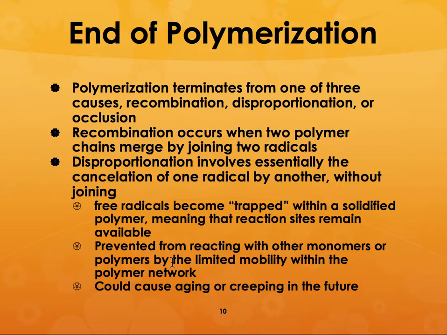And disproportionation is essentially these radicals have opposite signs and they cancel out each other without joining. And in occlusion, the free radicals become trapped within a solidified polymer, meaning that the reaction sites remain available, but the reaction doesn't go any further.